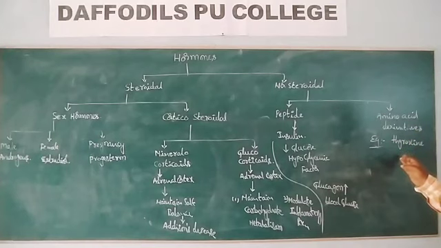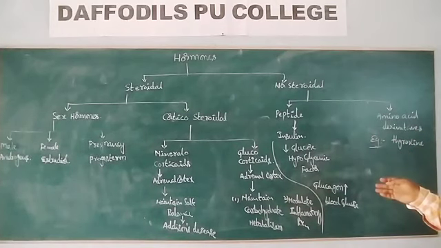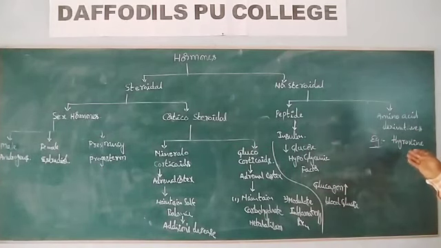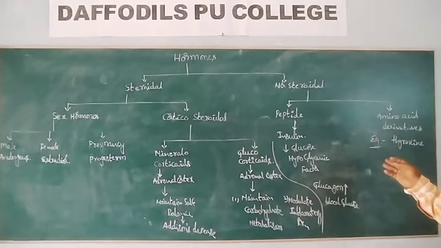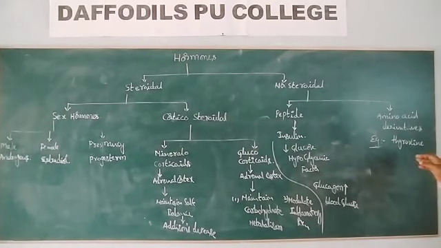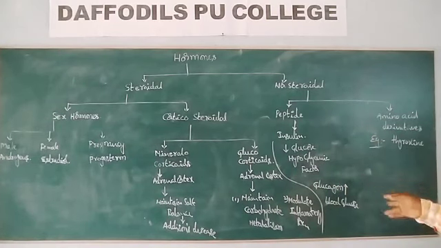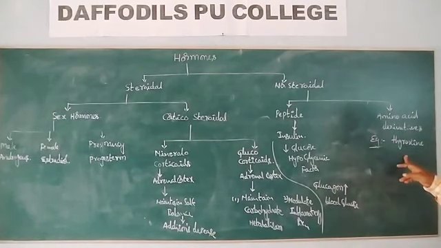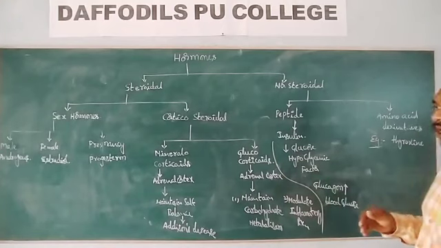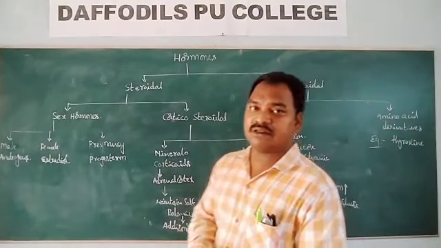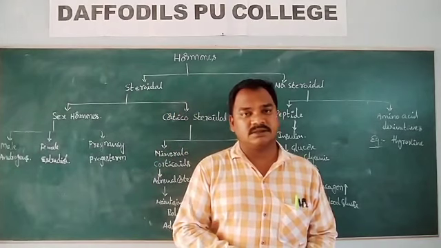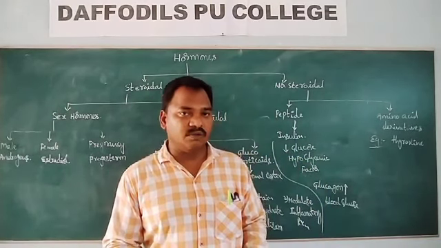This thyroxine is the pace setter of metabolism. If thyroxine is released in low amounts, in those persons we can see obesity.